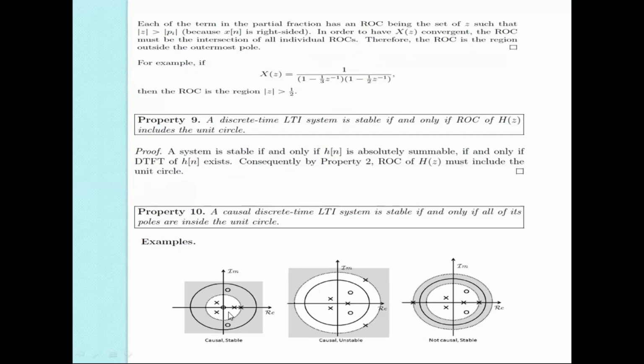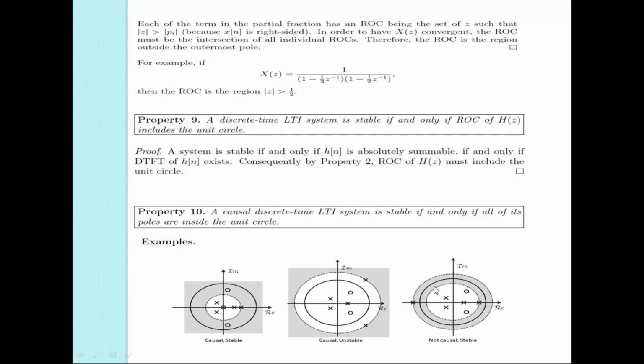Causal and stable means, see here, the poles that are present inside the circle, stable system. Unstable means any one pole that is outside the circle. So I am taking the unit circle here, the pole is outside the circle here, unstable system. And non-causal and stable: non-causal and stable means one pole is also outside the circle.